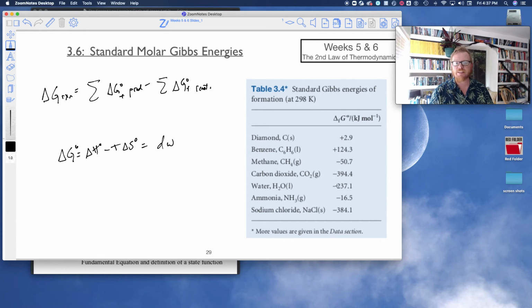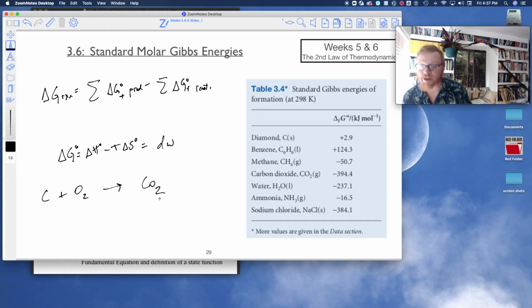So let's look at something like carbon dioxide, negative 394.4. So what this is saying, when we take carbon and oxygen and form carbon dioxide, that's what this molar Gibbs free energy means, formation of the elements from their standard states. Okay, it's spontaneous. Negative 394.4, hugely spontaneous.